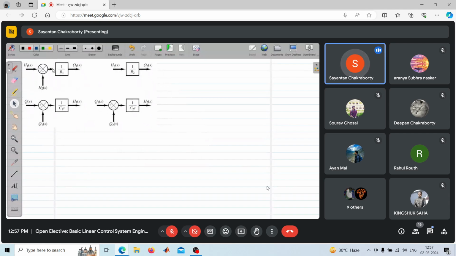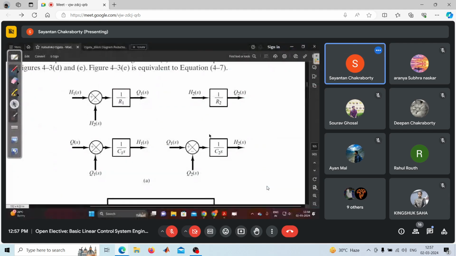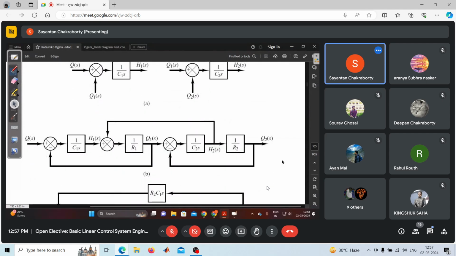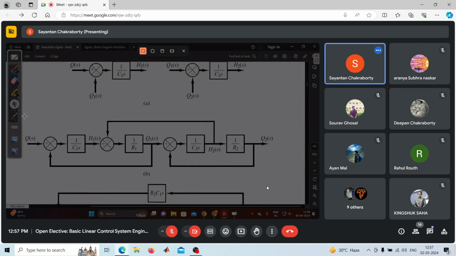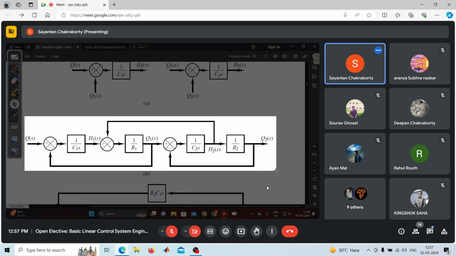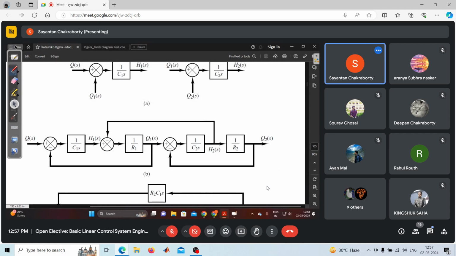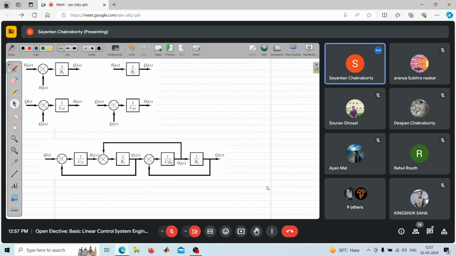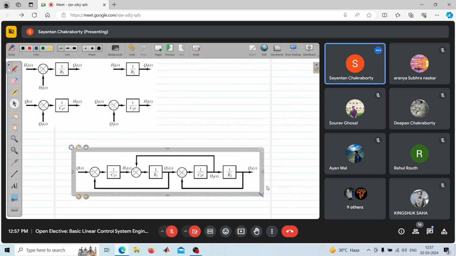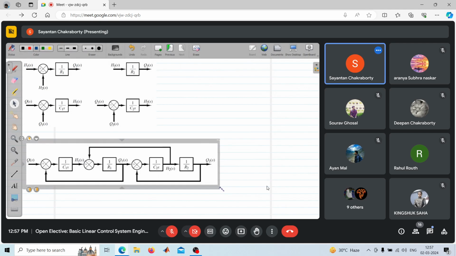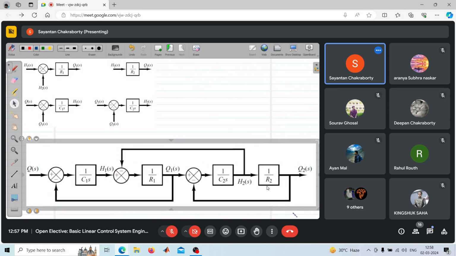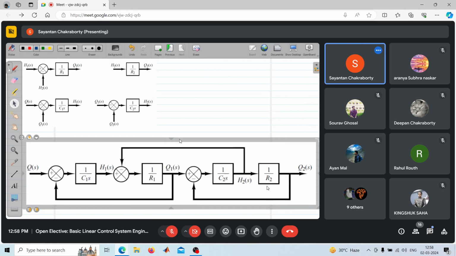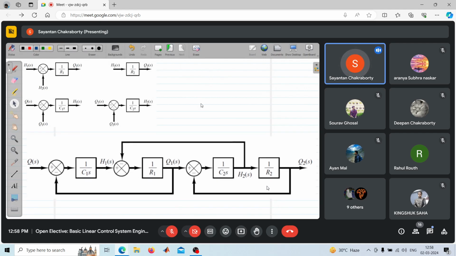Now I'm trying to collaborate all these blocks together.